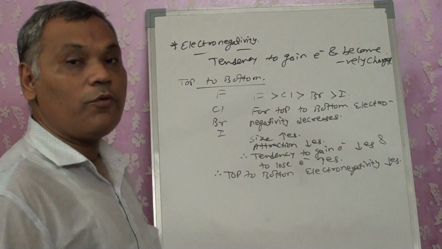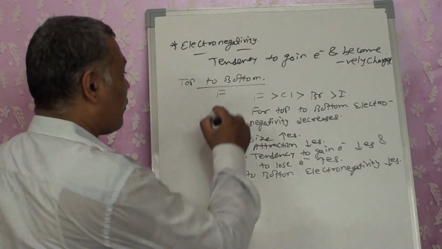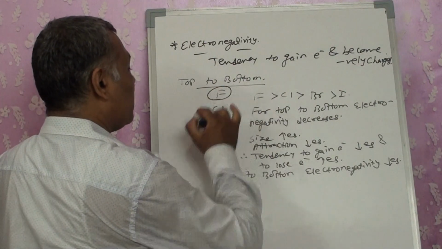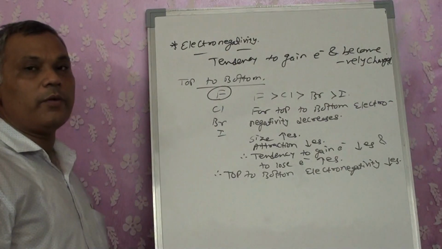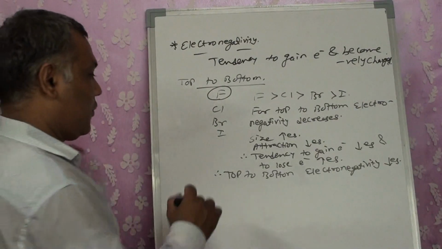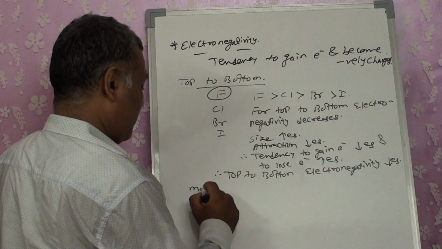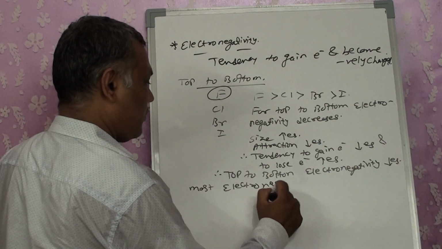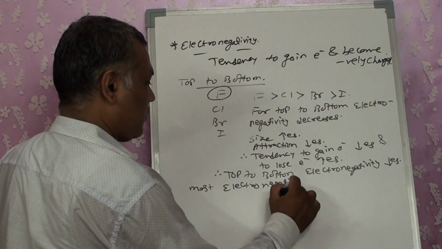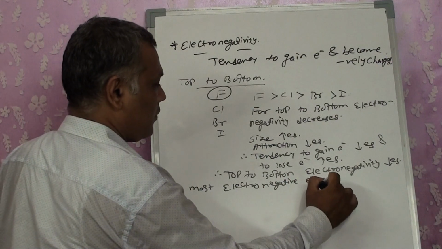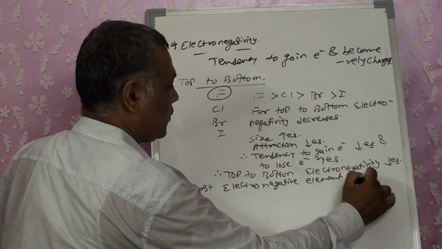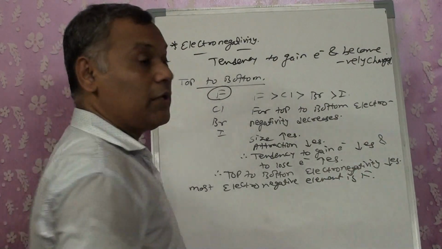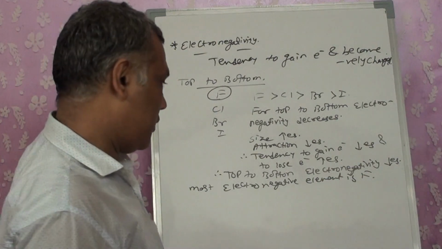So from this, one most important point that we want to remember: fluorine is the most electronegative element of the periodic table, because inert gases won't be included in it.